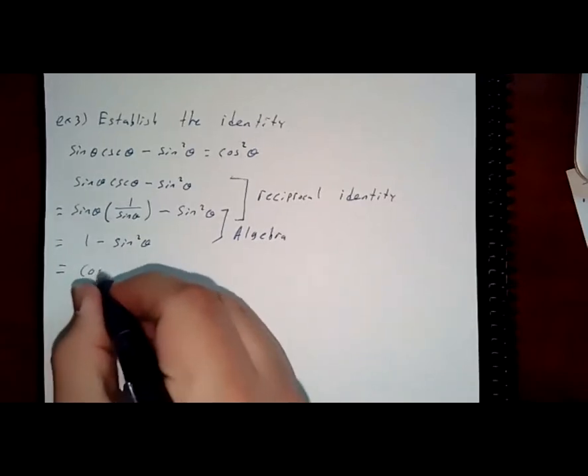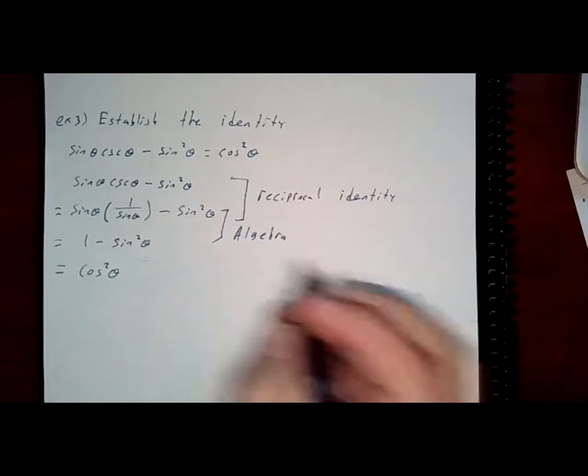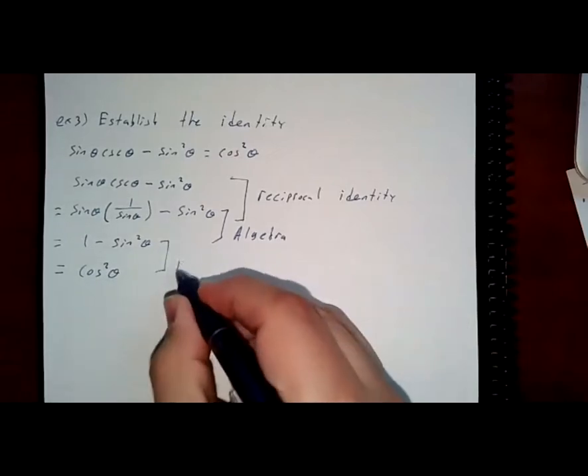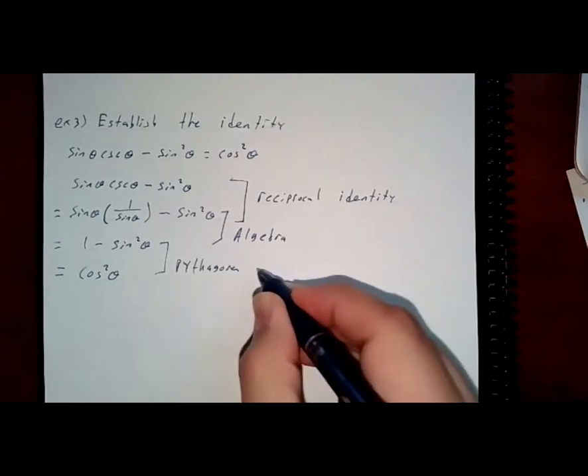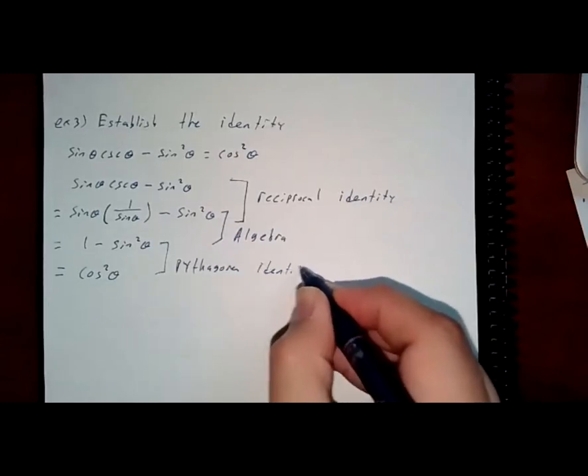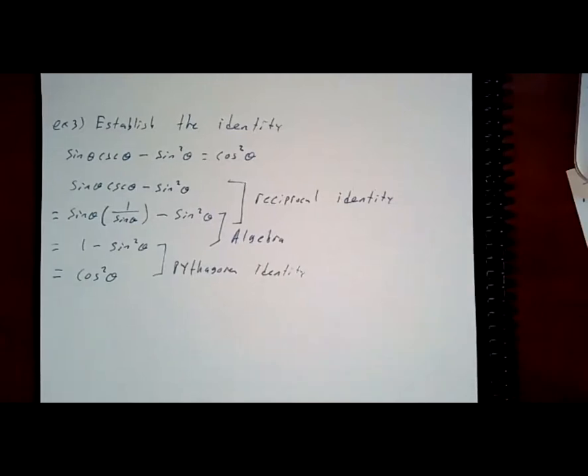Yeah, so you see what we're trying to do. And that's the Pythagorean identity. So we showed that it is indeed equal to cosine squared. Are there any questions on number 3?